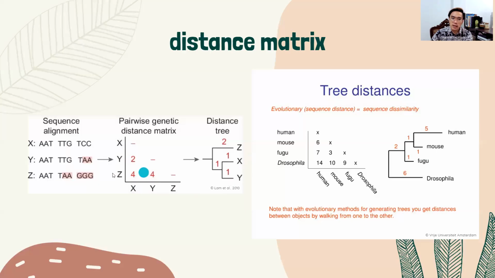And X and Y are more similar, essentially because in this case they have less difference, less genetic distance. So it makes sense to group together X and Y, and then Z is obviously still related to both X and Y, but it is farther from either X or Y.